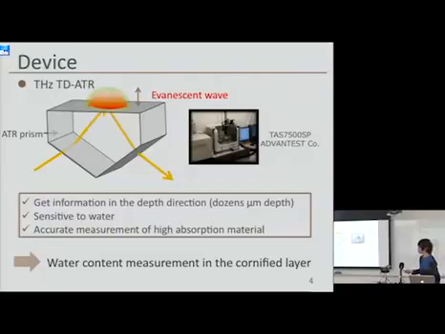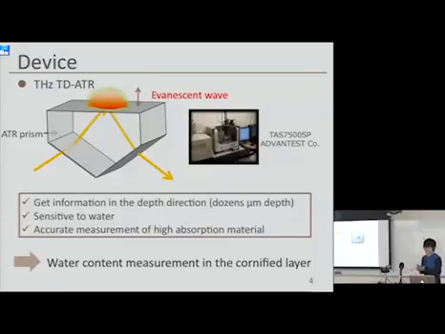When the terahertz wave is radiated into the ATR prism and reflected totally, an evanescent wave appears on the surface of the ATR prism. The evanescent wave penetrates out of the prism and comes back into the prism.